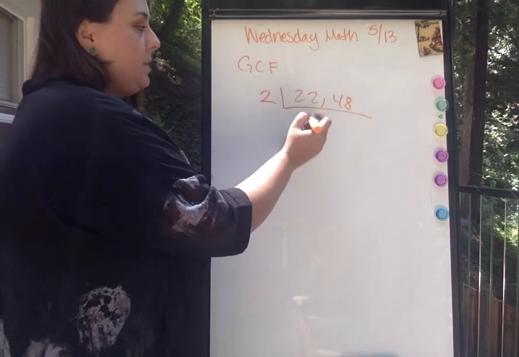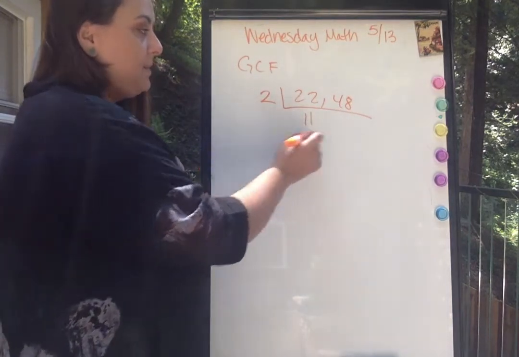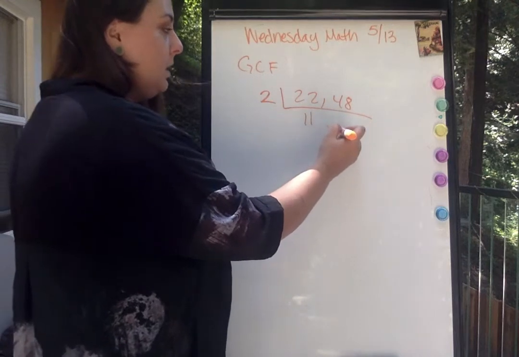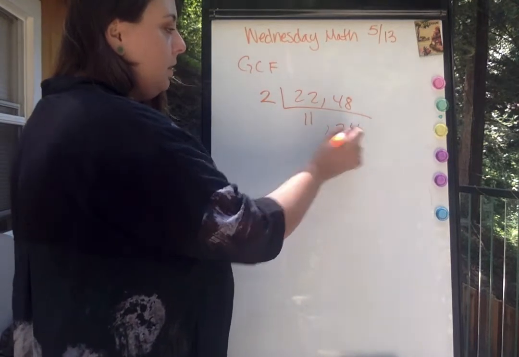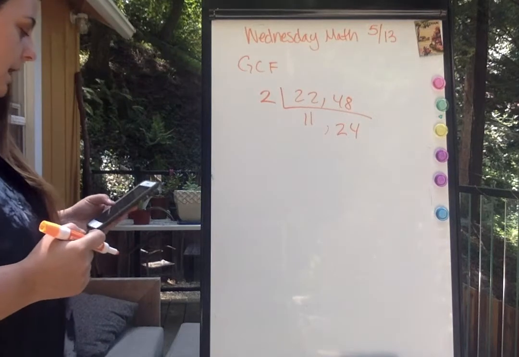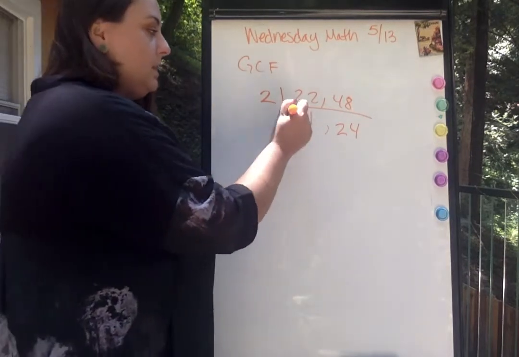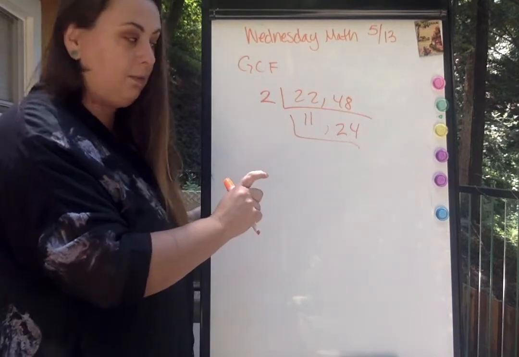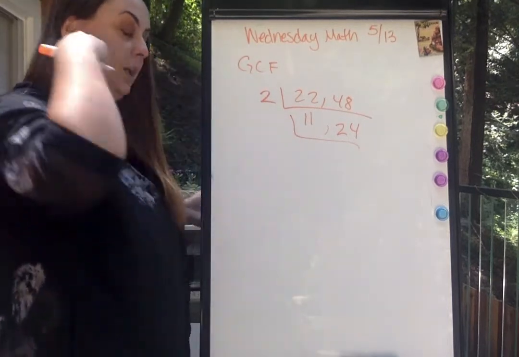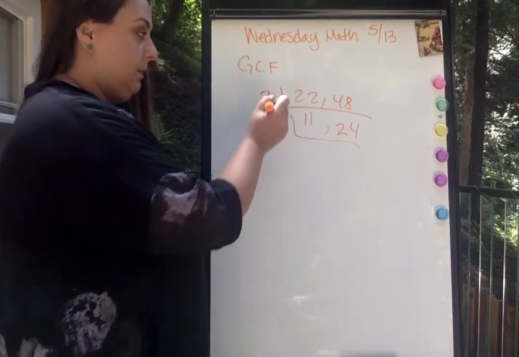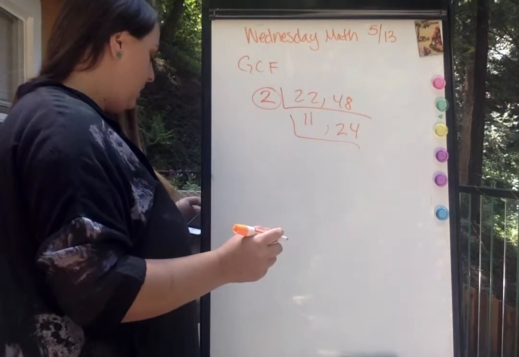So 2 goes into 22 11 times, and 2 goes into 48 24 times. Now, we want to figure out, is there anything else that can go into each of these evenly? Right away, you know that 11 is a prime number, so that's not going to go into 24. So your greatest common factor is just 2.